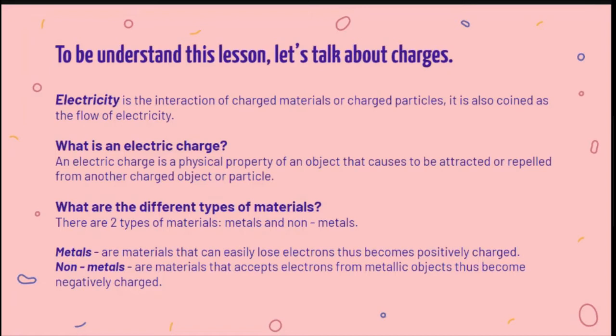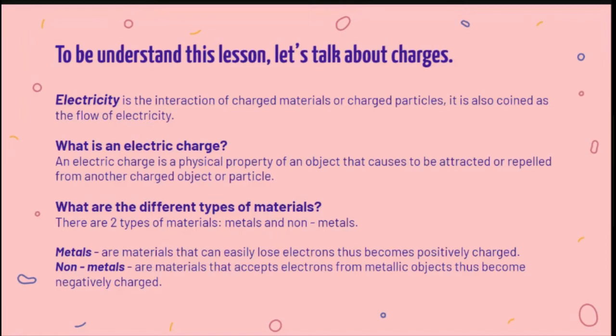But in a manner of speaking, if we go back to our lessons in chemistry, we know metals are materials that can easily lose electrons, while non-metals are materials that accept electrons. This process is what we call ionization.